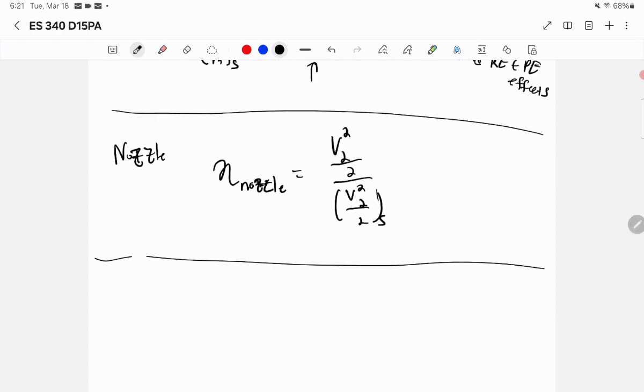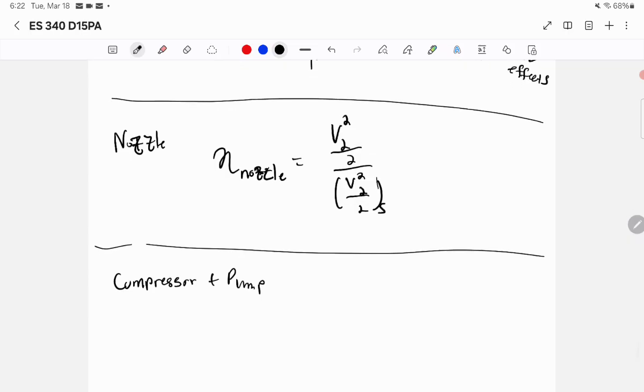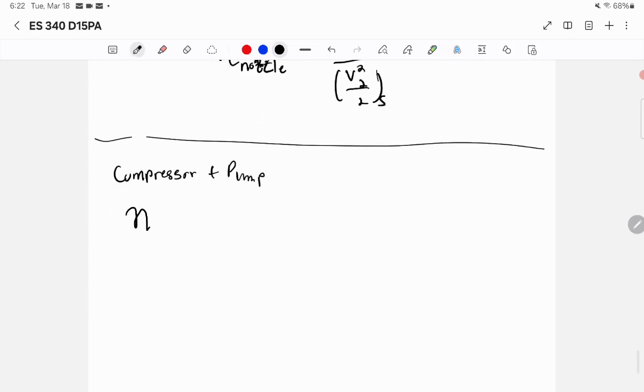How about compressors and pumps? What I find is eta C slash P is equal to h of 2S.